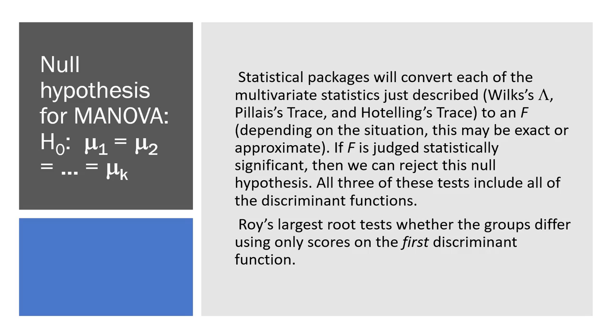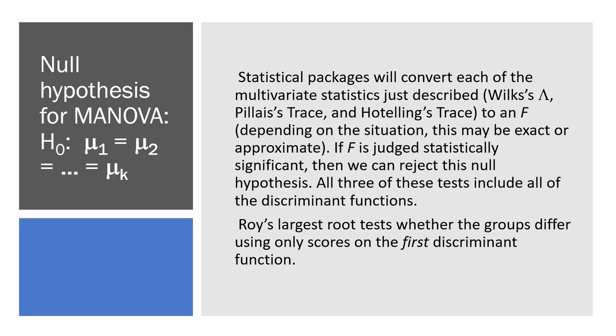So what does the null hypothesis for MANOVA look like? We've got this bold mu symbol, and that's how we know it's MANOVA as opposed to ANOVA: we've bolded our mu. Remember, many statistical packages are going to convert each of the multivariate statistics just described to F values. Depending on the situation, this may be an exact F value or an approximate F value.